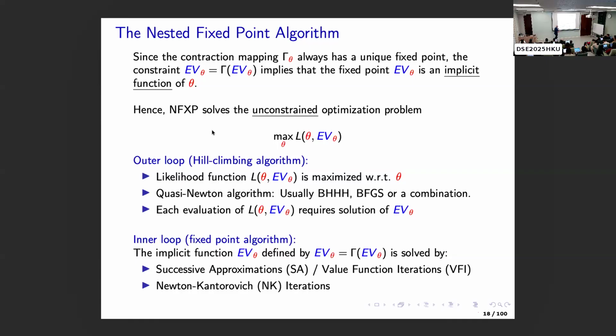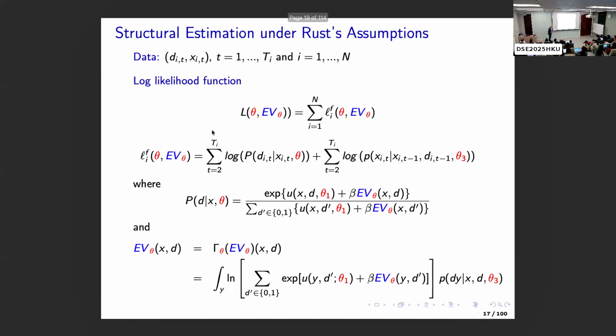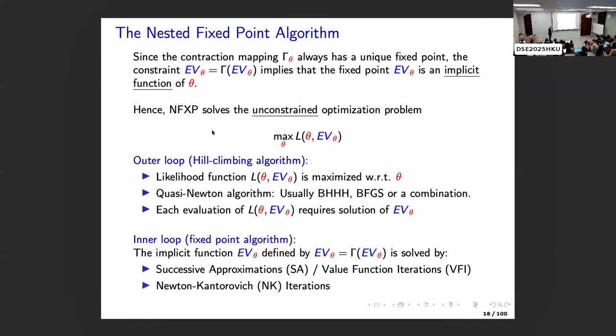So you can formulate the maximum likelihood problem as an unconstrained optimization problem where you just maximize the likelihood function with respect to theta, changing the structural parameters, how they appear here, but also recomputing this expected value function.